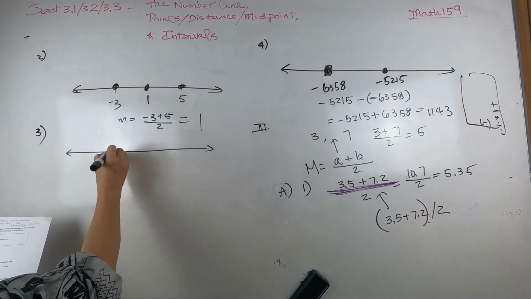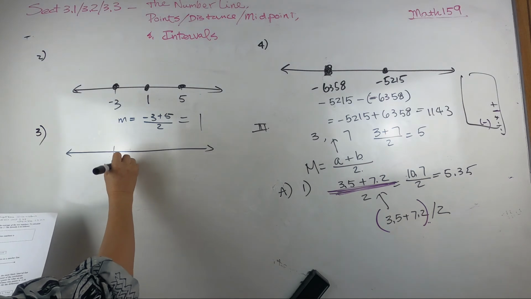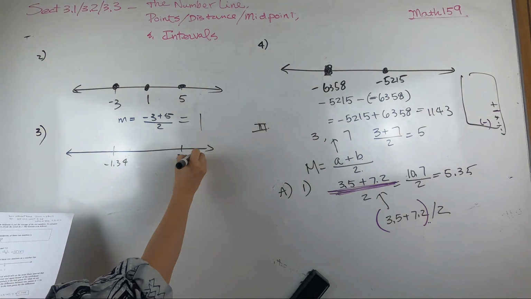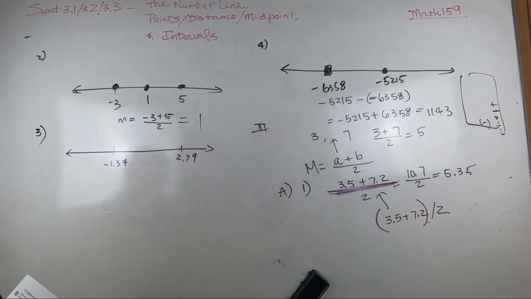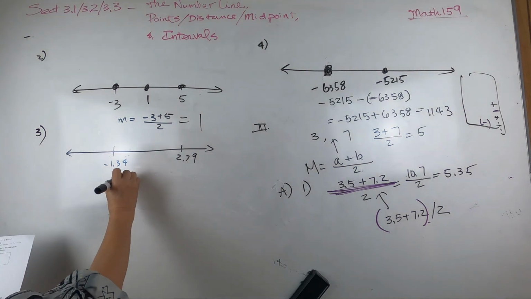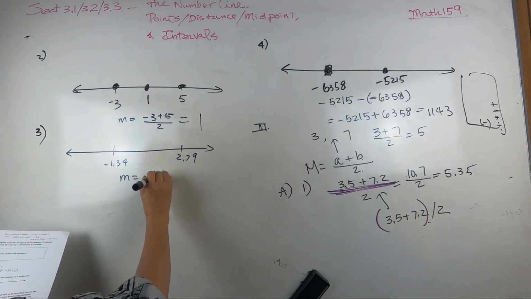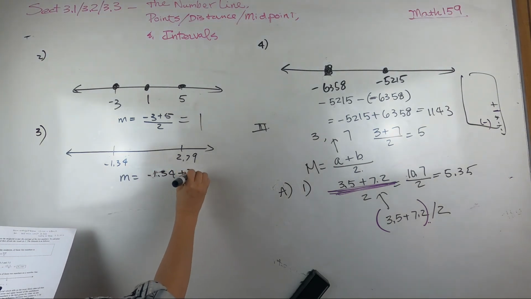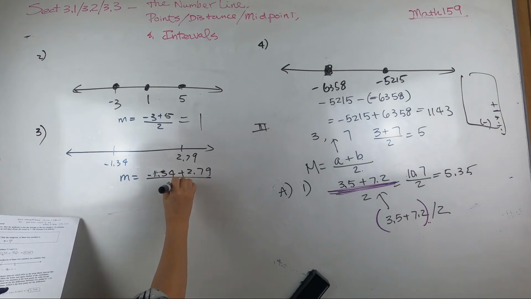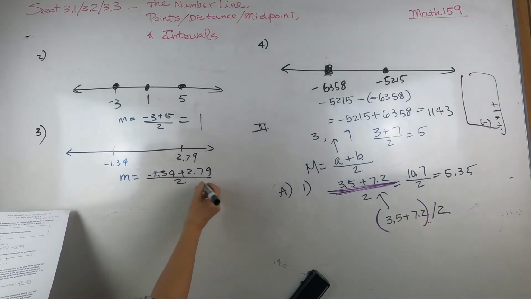And the difference between -1.34 and 2.74 is our study. Okay, and find the midpoint. Midpoint is what? You just add them up. -1.34 plus 2.74, then you divide it by 2, right?